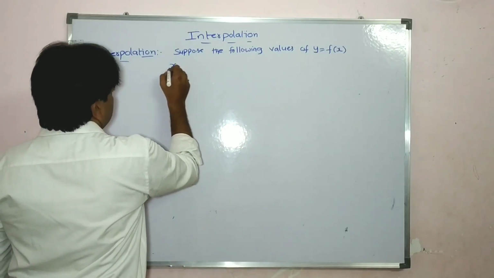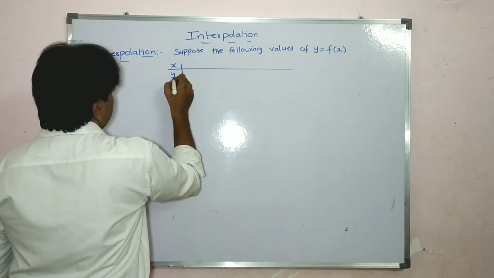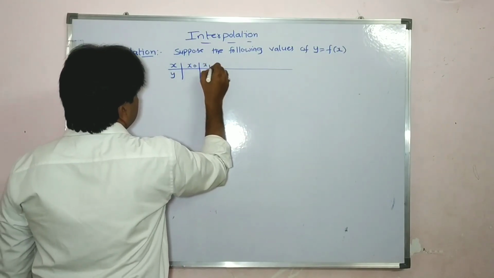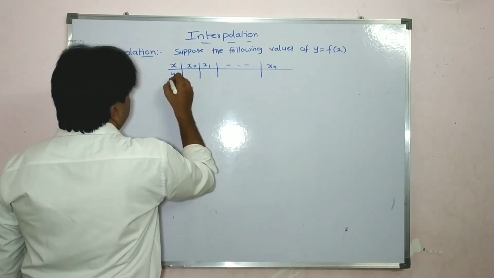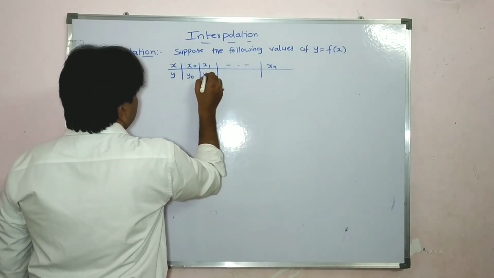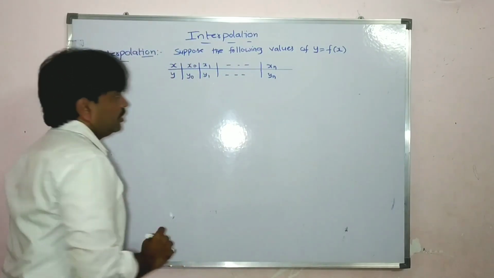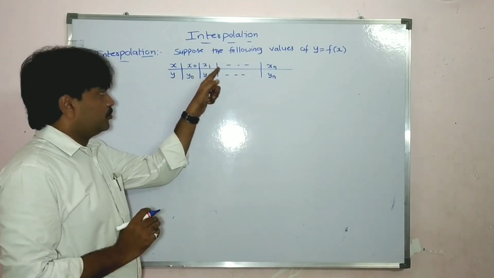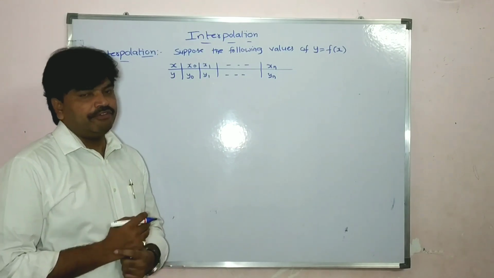That is a table, students. Table of x and y: x0, x1 and so on, xn; y0, y1 and so on, yn. Students, I am given a table like this. X values x0, x1 and so on, xn, and y values y0, y1 and so on, yn.